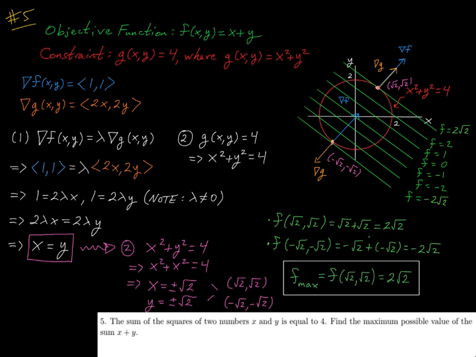As we said a few moments ago, since this value is the largest of these function values, that is our maximum possible sum for x plus y, and that's what we're ultimately asked to find. We also note here that the minimum possible sum is negative 2 root 2, but in any event, that does it.